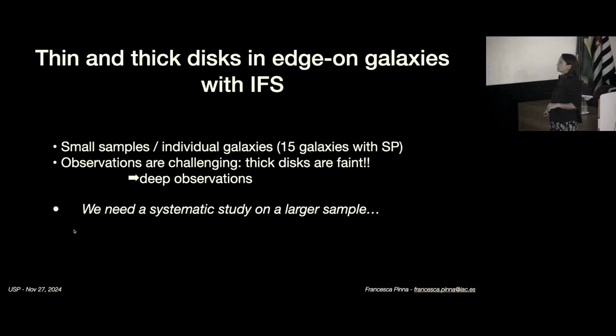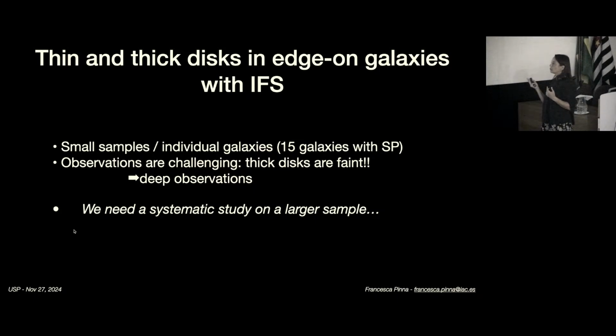So far I've shown hints of the dependence of the differences in the thick disk properties. I mentioned the stellar mass, the star formation rate, the morphological type.